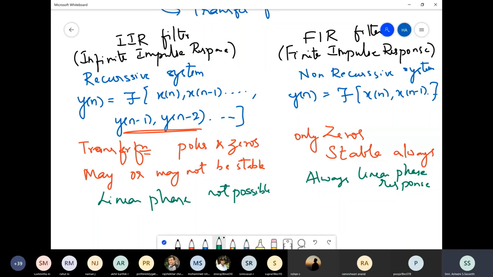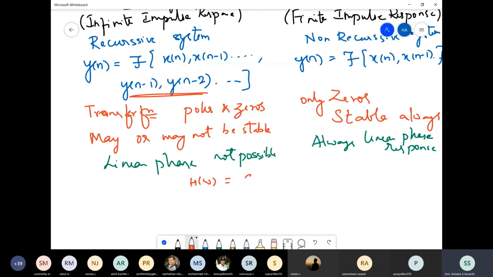The expression for H of omega, we wrote it here itself. The frequency response of a filter is in the complex domain, right? So we can write it as a magnitude and phase component, like how we generally write complex numbers. H of omega can be written as C e power minus j omega alpha. This is the frequency response of a low pass filter.